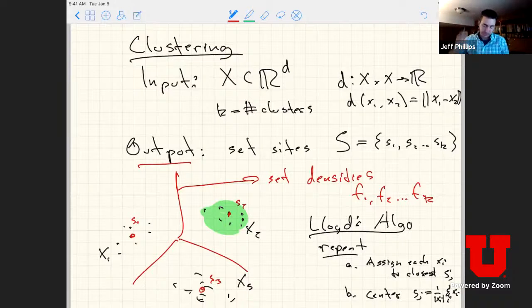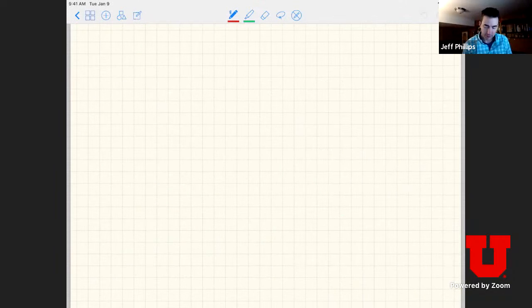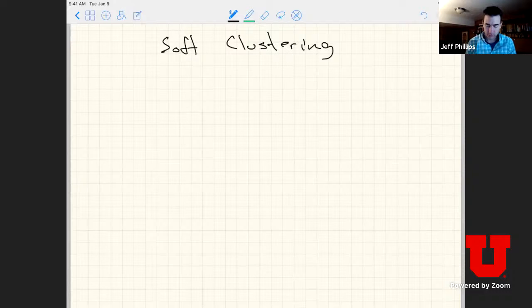Okay, so to build up to mixture of Gaussians, I first want to talk about a variant of this called soft clustering. Soft clustering is a variant on this formulation where I'm not being so strict that each item has to map exactly onto one of the sites.